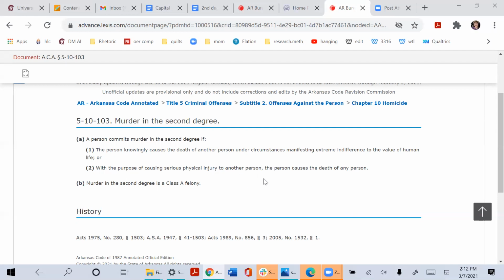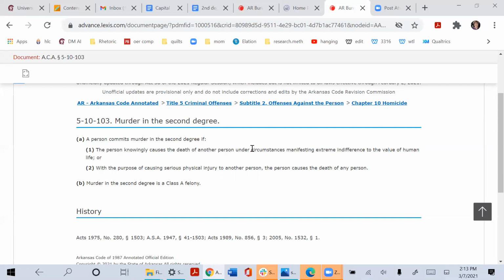The assault statutes use the same graduated levels of guilty mind, where with the purpose is at a higher level than knowingly under circumstances manifesting extreme indifference to the value of human life. So purpose has a level of intentionality that they actually intend to, in this case, cause physical injury to the person.